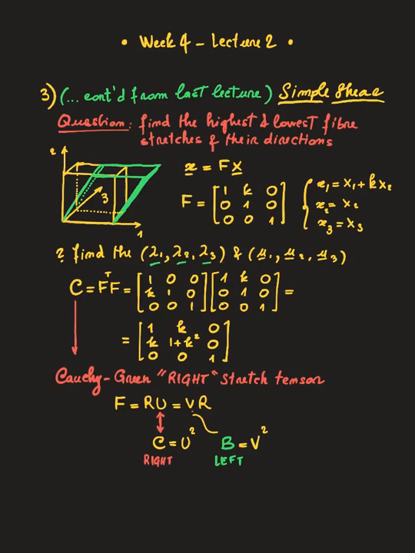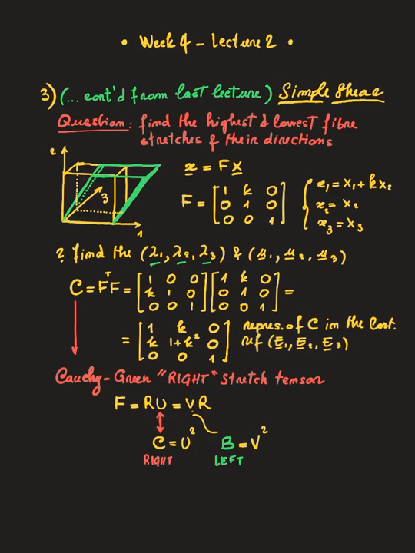So why do we find the eigenvalues of C? Well, this is the representation of C, say in the Cartesian reference E1, E2, E3.